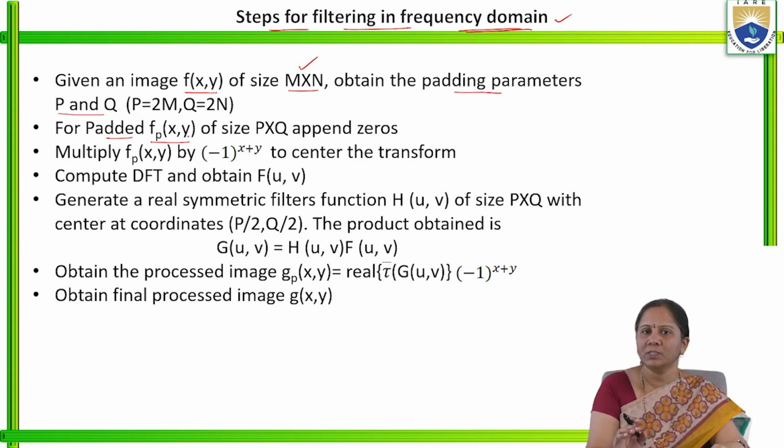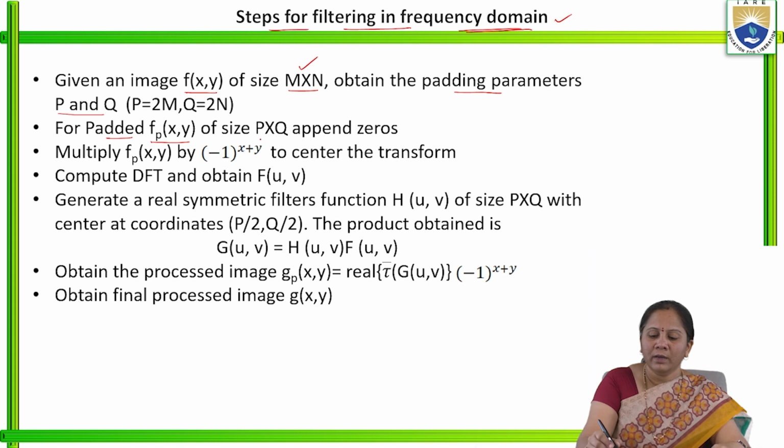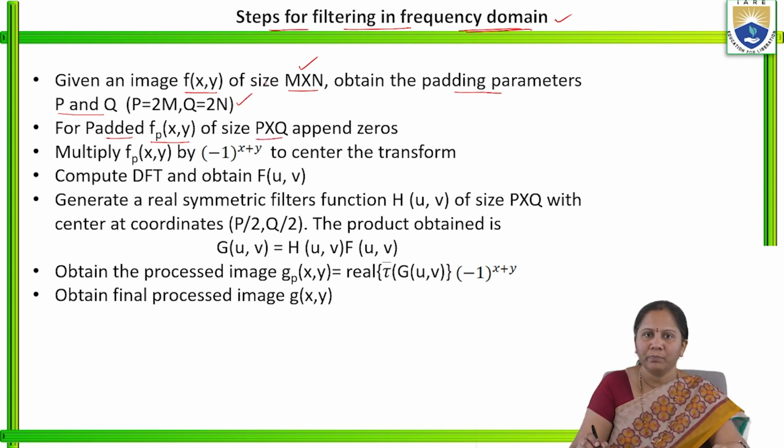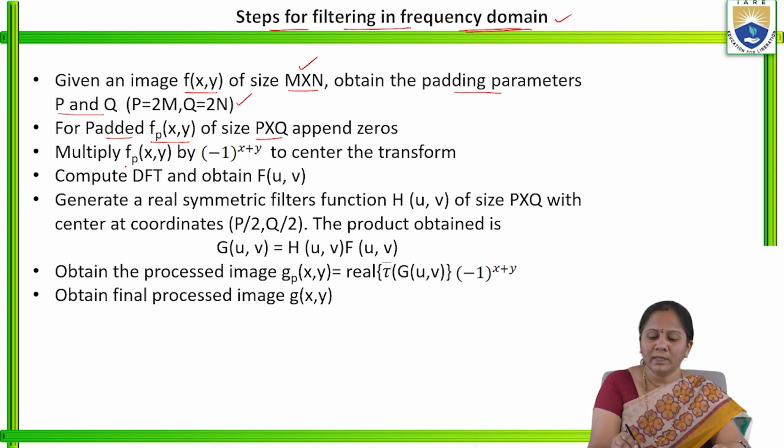Previously it was f of x comma y. After padding, it is considered as the new image fp of x comma y, whose size is p by q, because we have appended zeros. To that fp of x comma y, the next step is to multiply by minus 1 power x plus y to center the transform.